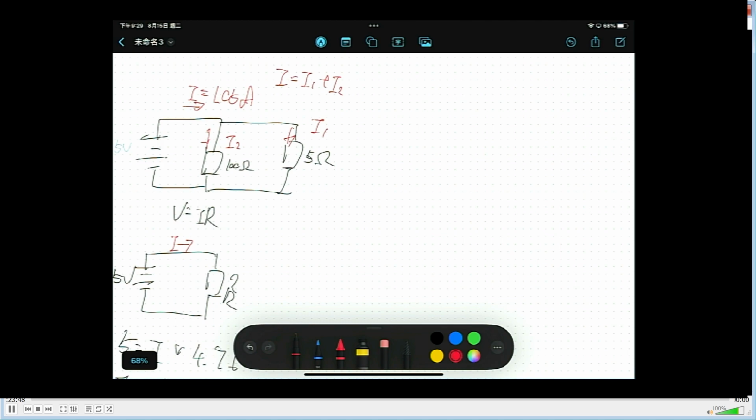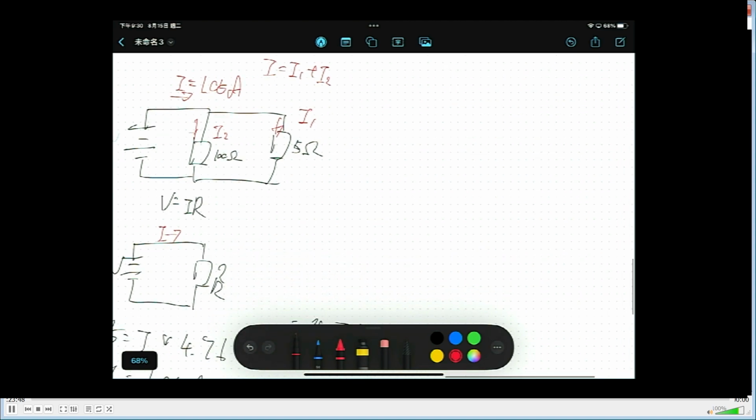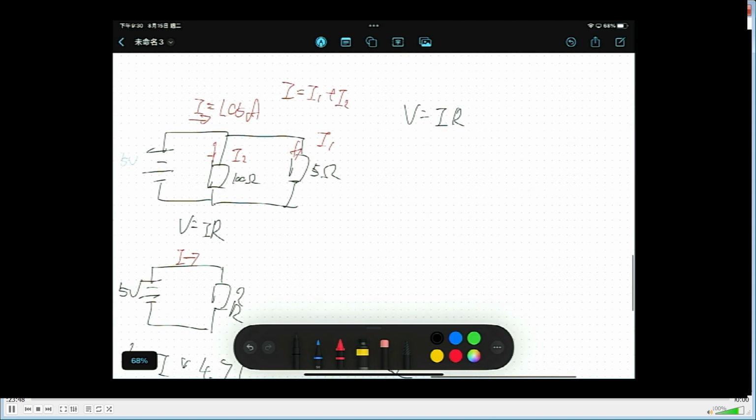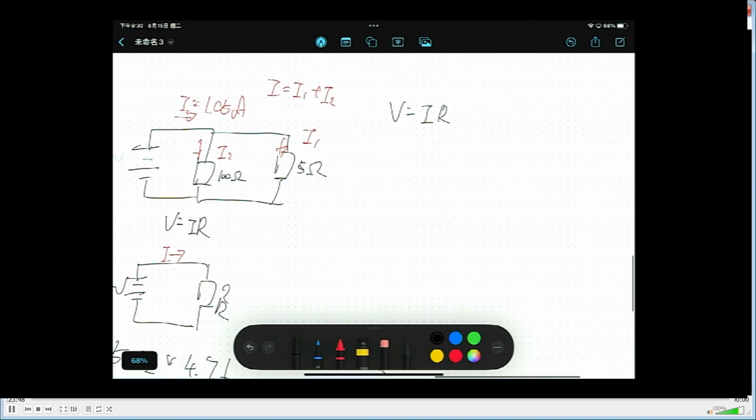唔係我咪調轉咗？唔係喎，冇調轉，冇調轉，冇調轉，冇調轉。V equals to 5, right?